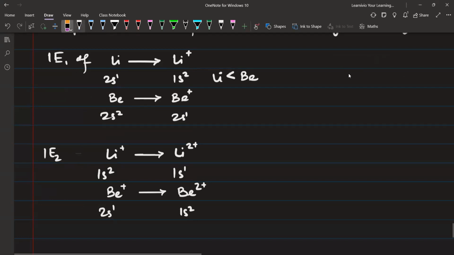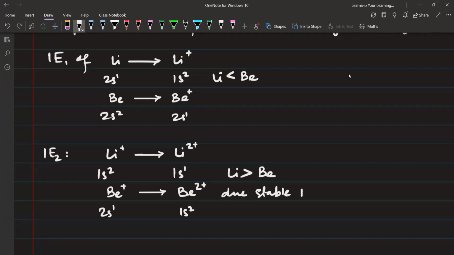Now, I can say that in the case of second ionization enthalpy, lithium will have higher ionization enthalpy than beryllium. Why? Due to the stable 1s2 configuration of lithium positive.